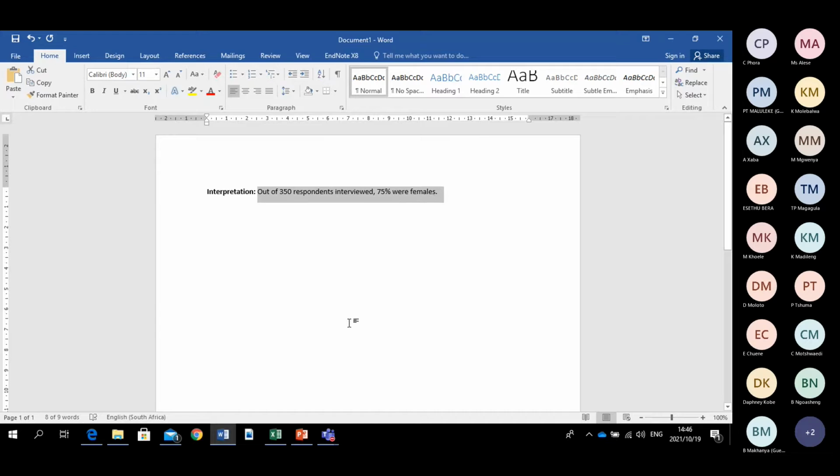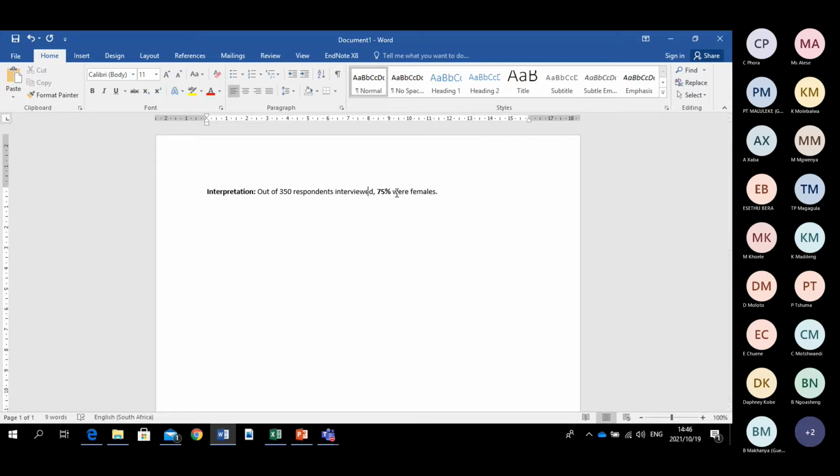Another thing that will help you differentiate between data and information is sentences that have numbers converted into percentages. When you see a sentence that shows a percentage, remember, percentage is out of 100. In other words, that was already analyzed. So most sentences with percentages are information rather than data.